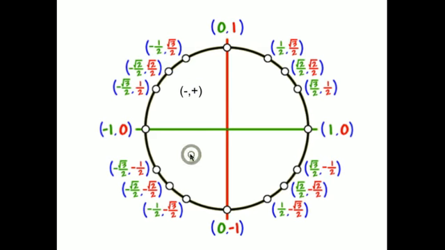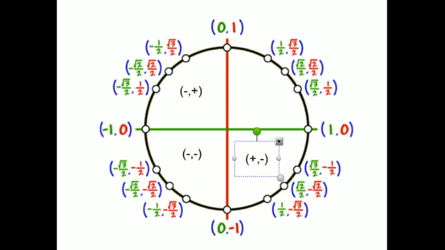Everything in the third quadrant is something negative and something negative. And then everything in the last quadrant, oh look, that makes a little funny face. Oh, actually this one's winking too. Okay, anyways, everything in the fourth quadrant is something positive and something negative.